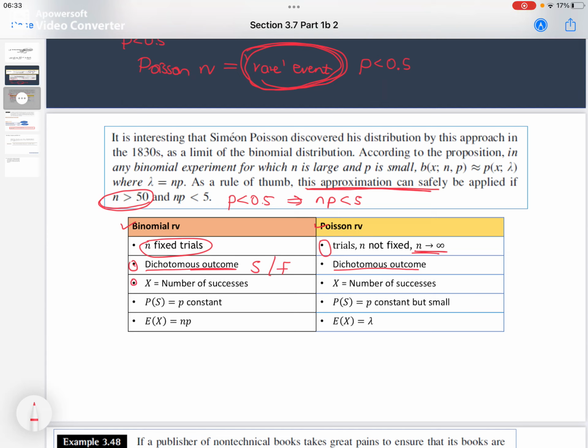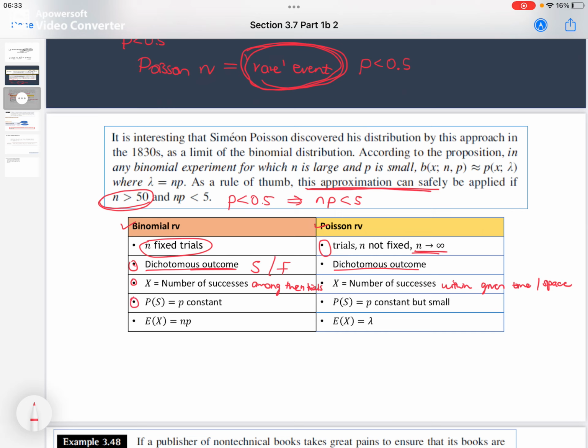Then for a binomial random variable, our random variable x is denoted as the number of successes among the n trials. Okay, so it's among the fixed n trials, while with the Poisson random variable x denotes the number of successes within a given period of time, or space.